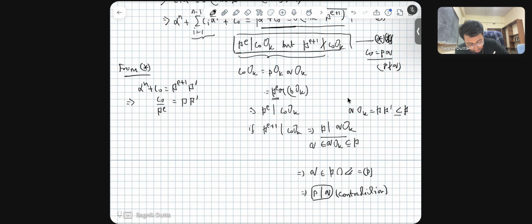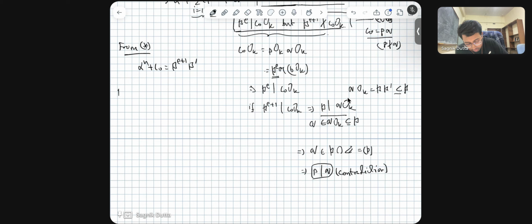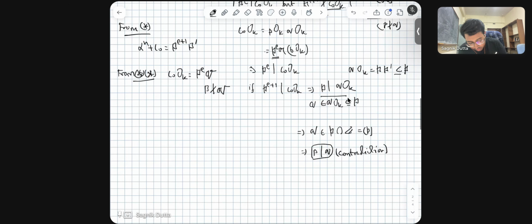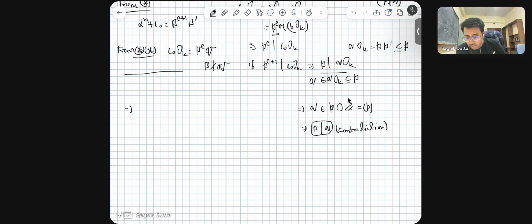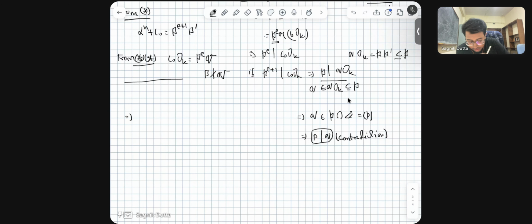This doesn't exactly make sense, but you know what I mean, so let me be more precise. From star, you can write it as P to the E times some Q, which P doesn't divide. So you can just cancel out P to the E. So now there are at least n number of P's that occur here.